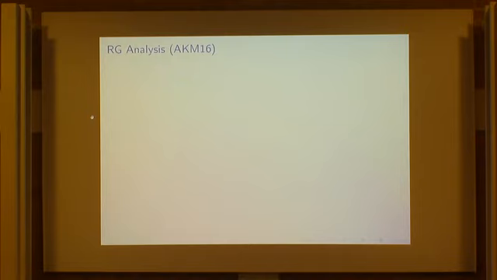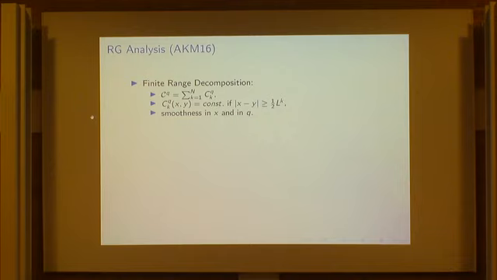Okay, then I go very quickly through the ideas of the analysis. The first step is the finite range decomposition. It's very similar to what Gordon explained to us in the first week of September. Our covariance CQ can be decomposed into covariances which have this nice finite range property: it is constant outside of boxes of side length L to the k.